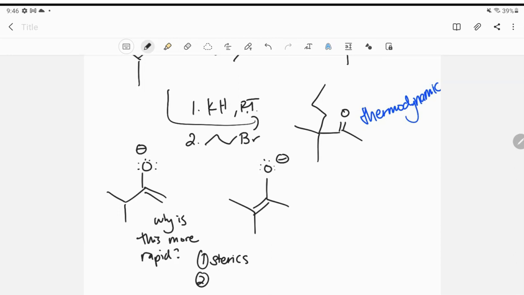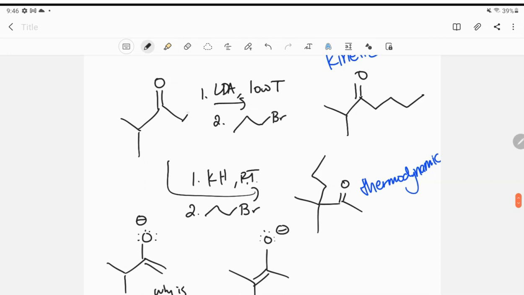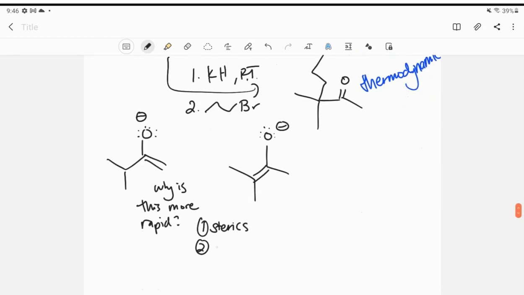Reason number two, if we take a look at our original molecule, why is it faster to get the right side? There's more, yeah.